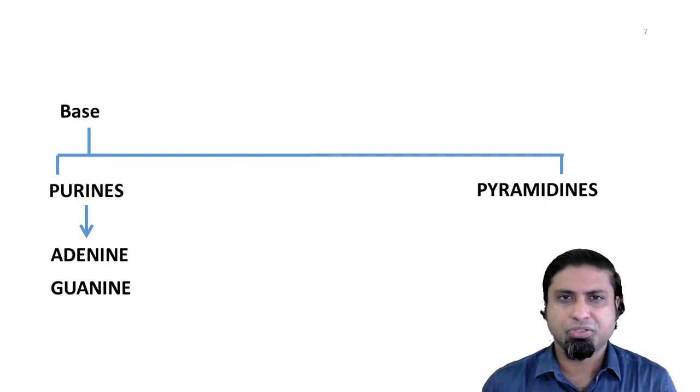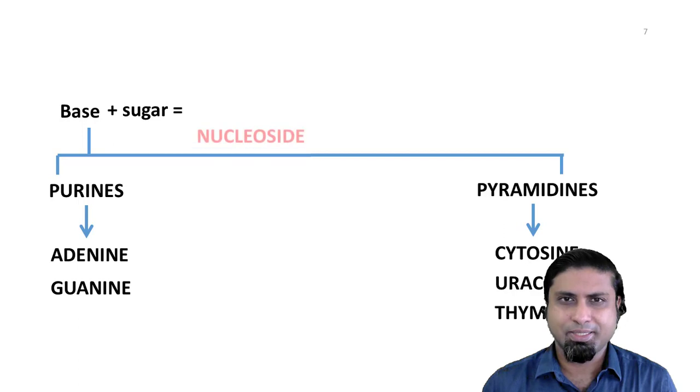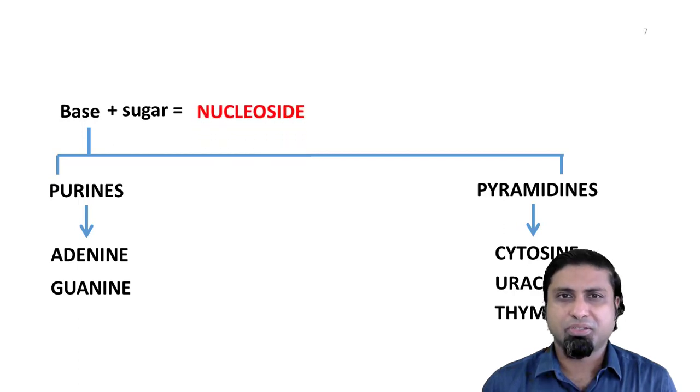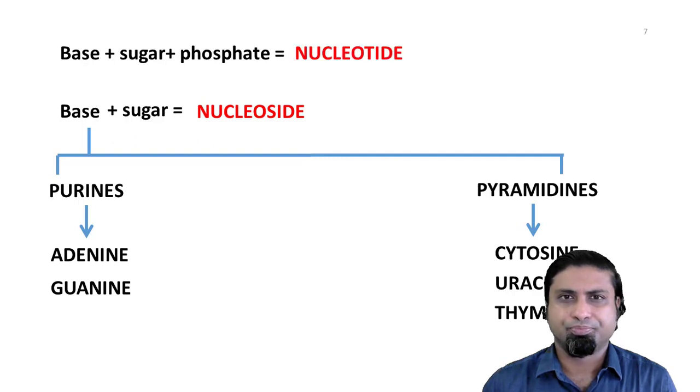Of course, the pyrimidines include cytosine, uracil, and thymine. We know that bases combine with sugars to give nucleosides, and bases combine with sugars and phosphates to give nucleotides. We also know that polymers of nucleotides are called nucleic acids.